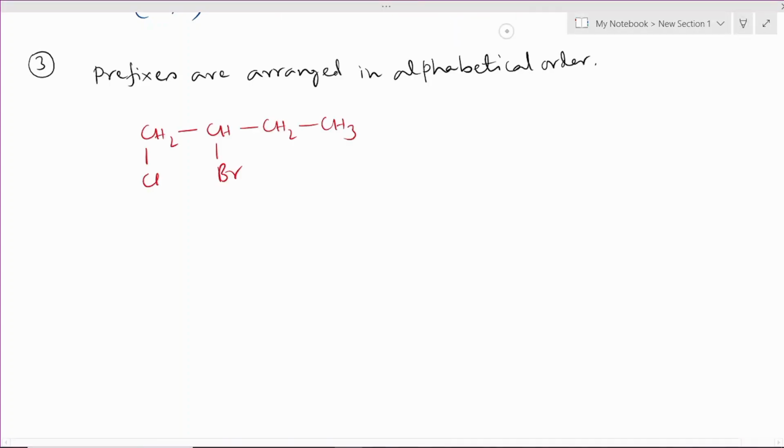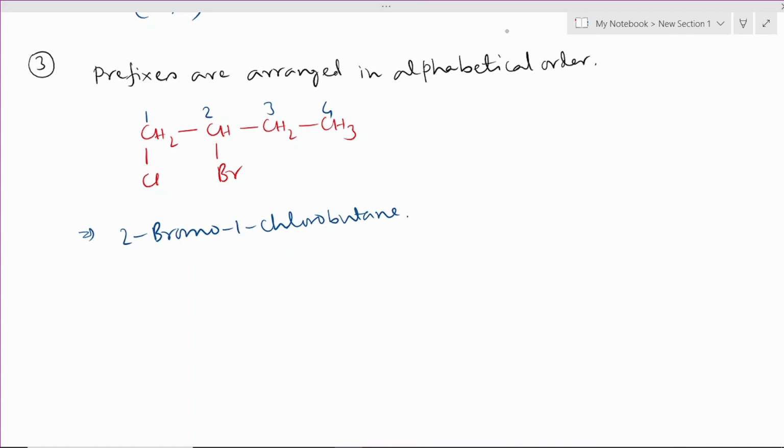The next rule says the prefixes are arranged in alphabetical order. We will understand by an example. So if we do numbering, this is 1, this is 2, this is 3 and this is 4. So the IUPAC name of this compound will be 2-bromo-1-chlorobutane.